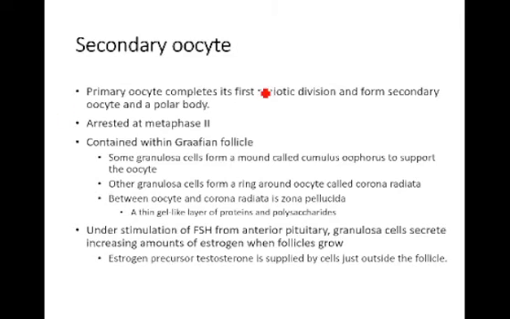Okay, and this secondary oocyte and also the polar body, which is going to be degraded, will be arrested at metaphase 2. So this is a kind of description of the cell cycle. The cell cycle is talking about there is interphase, if you still remember. There is interphase, and then for the meiosis, we have meiosis 1 and 2.